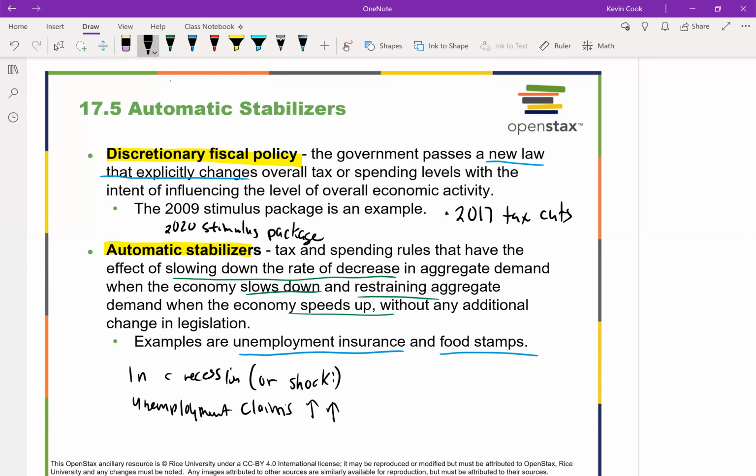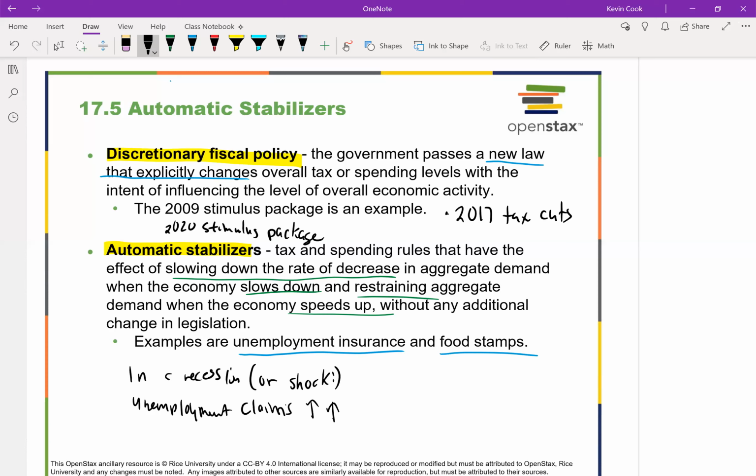So again, we're seeing these unemployment claims increase. People are out of work right now. That income may be slowed down, so they're filing for unemployment and so on. And ignore the $600 a week extra for now. But when we think about unemployment claims, if I'm out of work or something goes wrong, I can go in, file for unemployment, and I get to draw, get at least some of my income back.